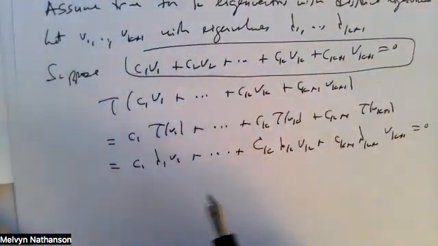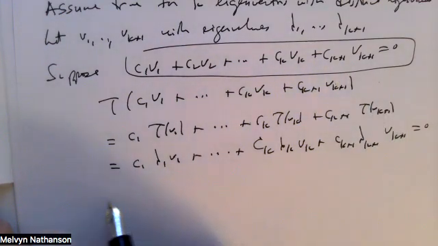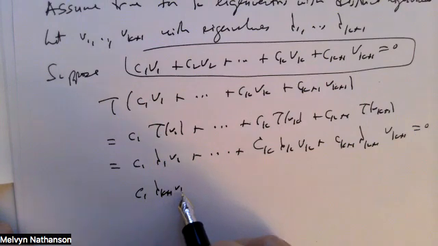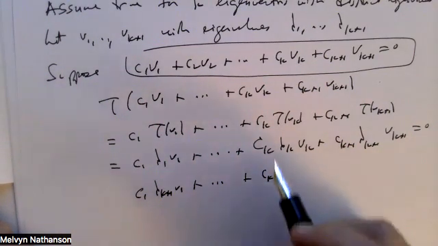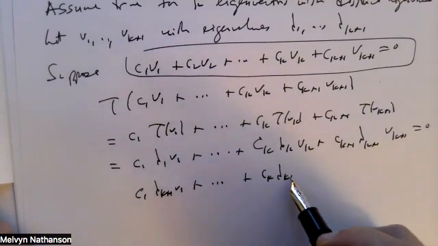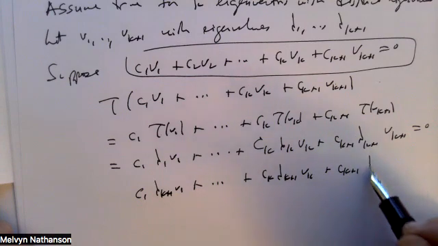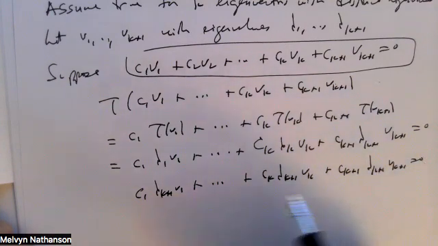We started with this relation, multiply it by lambda k plus 1. We get c1 lambda k plus 1 v1, ck lambda k plus 1 vk, ck plus 1 lambda k plus 1 vk plus 1 equals 0.